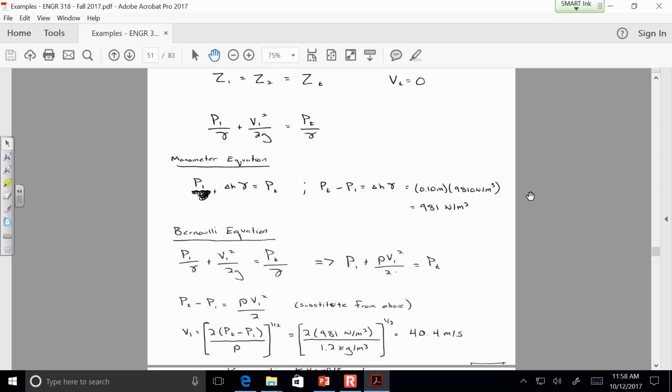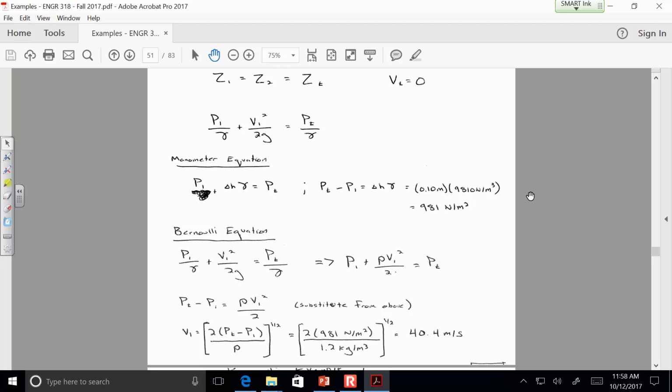And if we go back over here, when we were using Bernoulli's equation, what we had was the difference in pressure. So we could rearrange this equation. We could solve for V1.